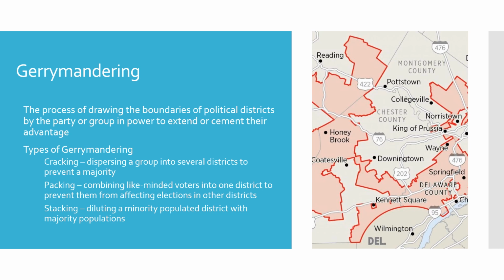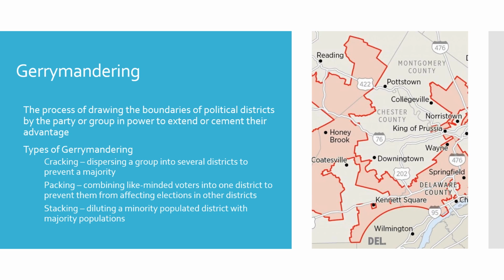So, it's like if maybe in your class there were like 20 girls and 10 boys, instead of creating a group with more boys than girls, you basically crack the boys and you put maybe just 1 or 2 boys in each group, so there's a majority of girls in each group, right?